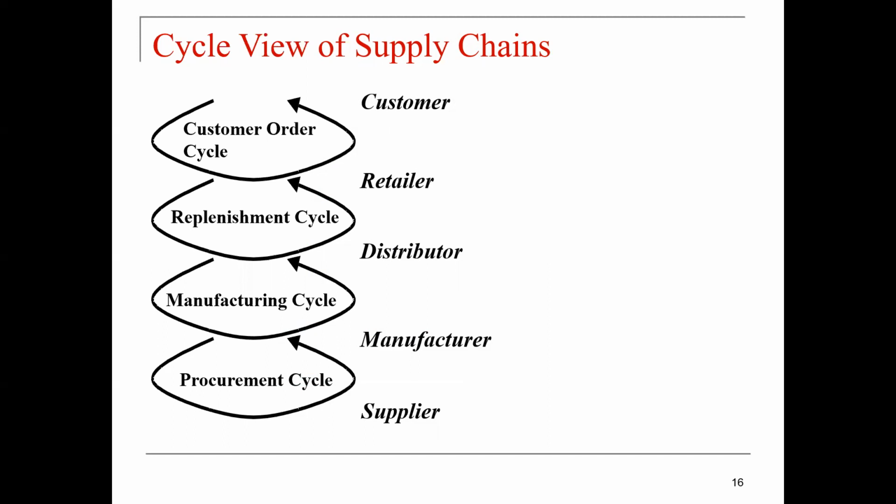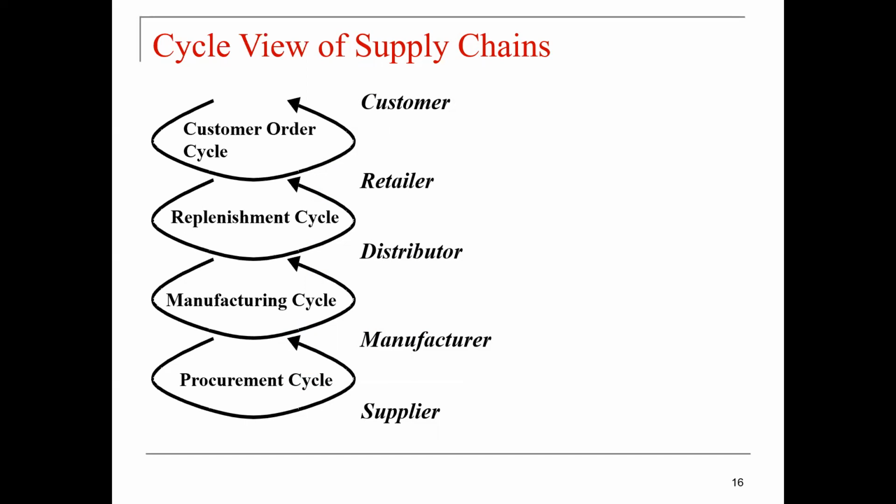So again, here we have multiple cycles that are repeated as time moves on. We have the customer order cycle. This customer order cycle can be affected by things such as seasonality.